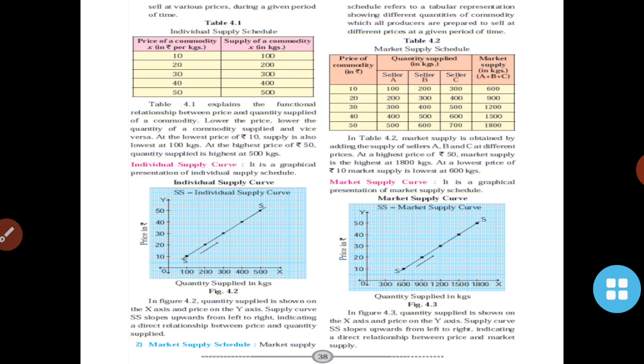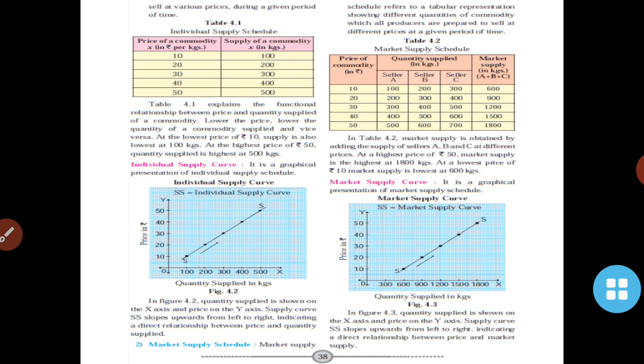See, the price of the commodity is 10 rupees. Seller A is selling 100, seller B is selling 200, and seller C is selling 300, but the market supply is 600, which means it is increasing.